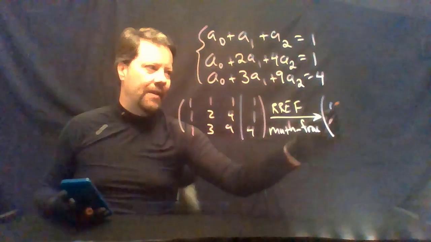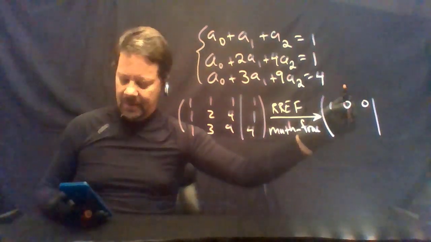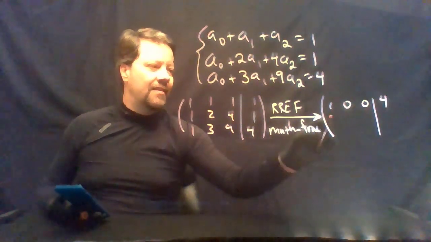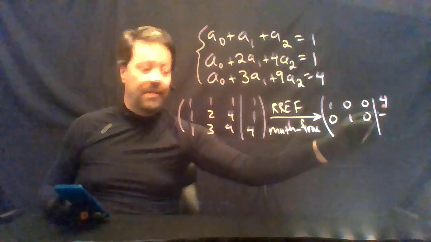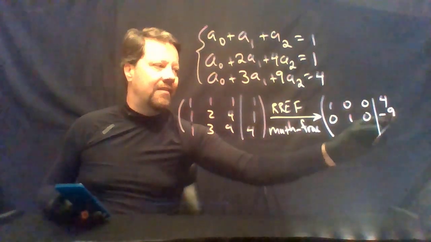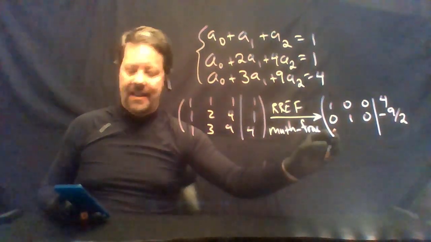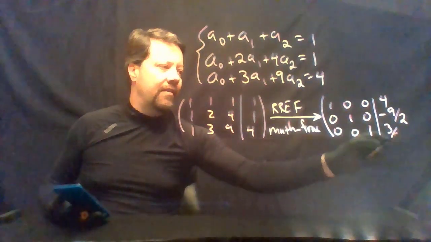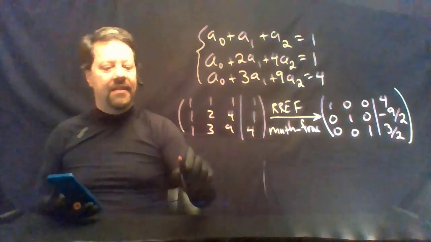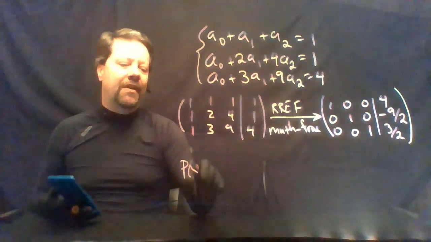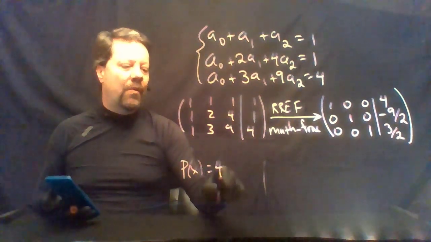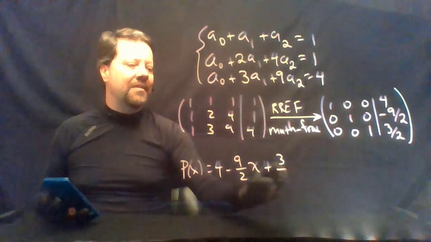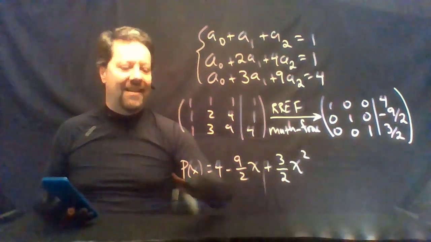It gave me 1, 0, 0, 4, 0, 1, 0, negative 9 halves, and 0, 0, 1, 3 halves. That means that my polynomial function is 4 minus 9 halves x plus 3 halves x squared.